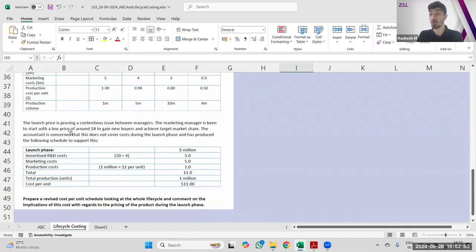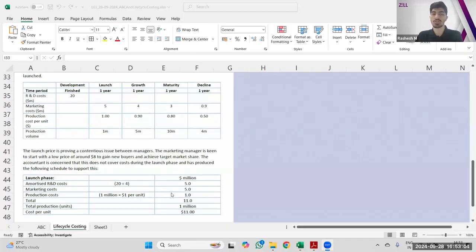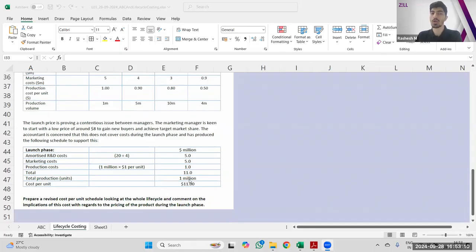And he has produced a cost card, something that we are also used to. So, amortized R&D costs, with a 4-year life cycle, makes $5 million per year. Marketing costs in the first year are $5 million. Production costs are 1 million units at $1 each. So total cost is $11 million across 1 million units, so it is $11 per unit.